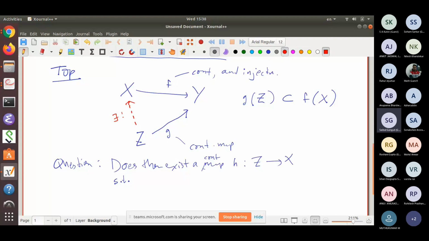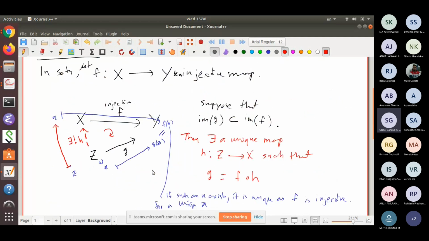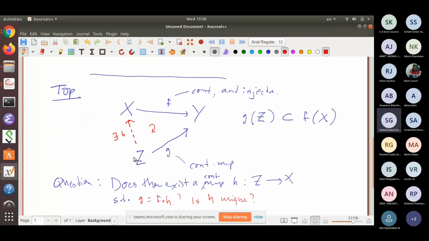Does there exist some H such that this commutes? So G equals F H, and next, is H unique? These are the two questions we have to ask. We want to know, do topological spaces and continuous maps behave like sets and set maps? Just the category is different.